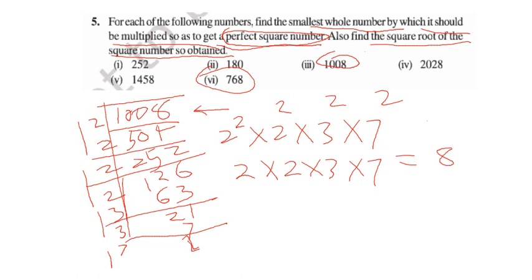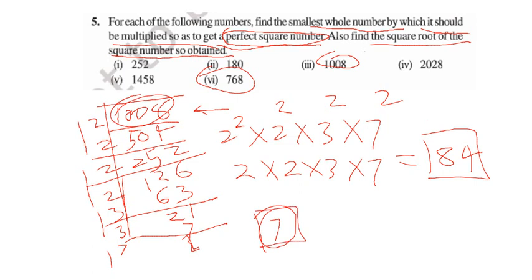So 84 is the square root of the perfect square. But to make a perfect square, you still have to multiply this number by 7. So these are 2 answers. The first is which number you should multiply to make a perfect square, that's 7. And the square root of that is 84.